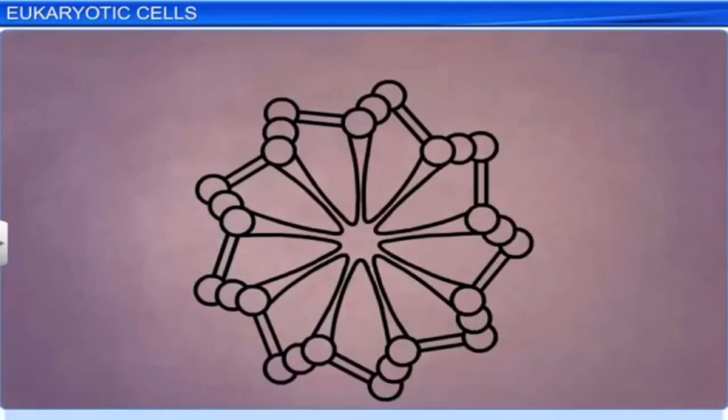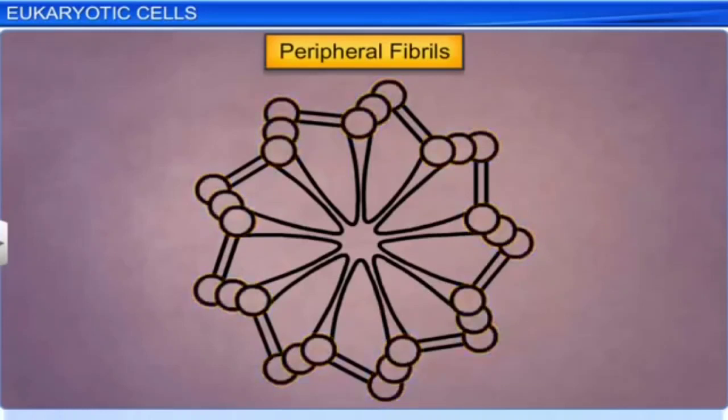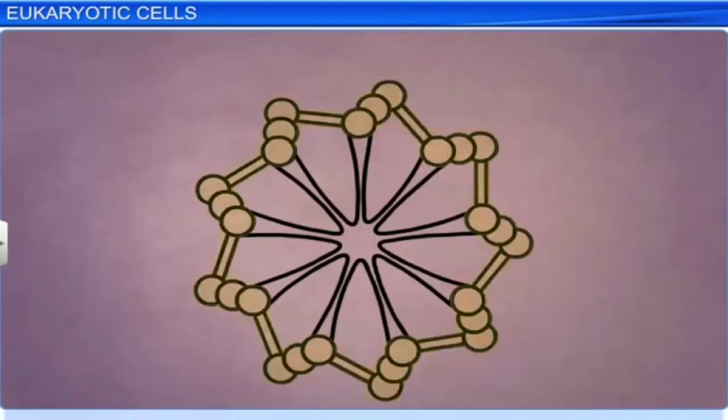Each centriole is made up of 9 evenly spaced peripheral fibrils of tubulin protein, with each peripheral fibril being a triplet. All adjacent triplets are linked to each other, forming a cartwheel-like structure.